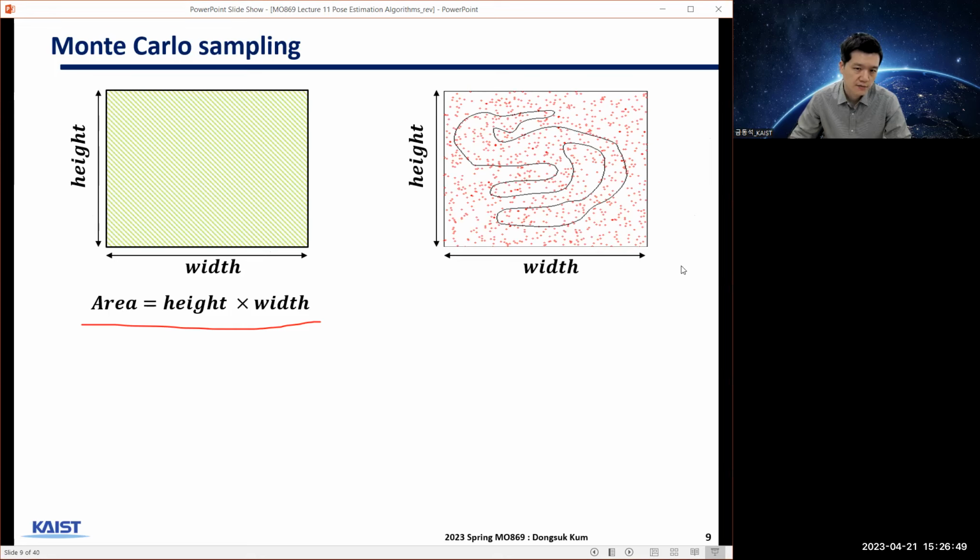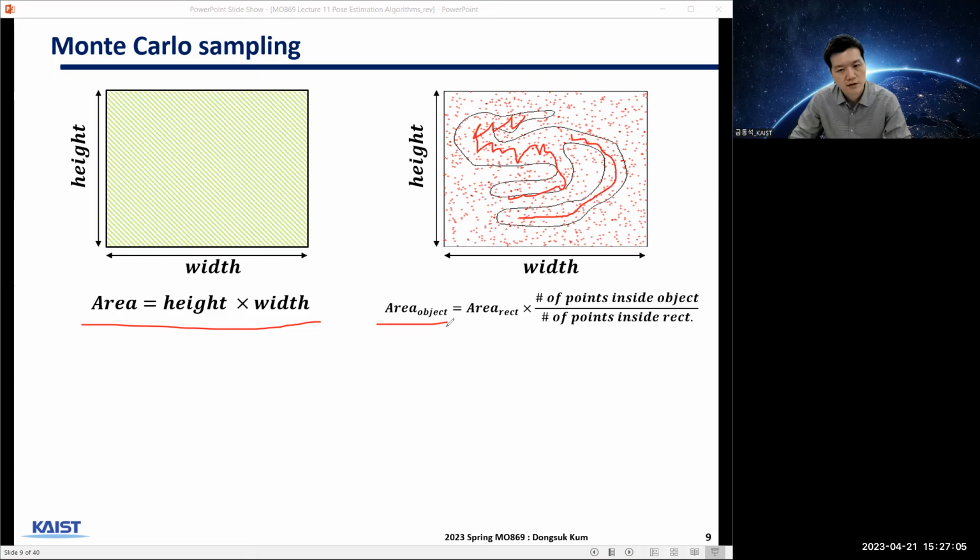And the key idea of this Monte Carlo sampling is that the area of an object, so for instance, this area, you want to compute the likelihood of this area over the entire space, and we can approximate that by the number of points inside the object divided by the number of points inside the rectangle. So that's a pretty simple idea.